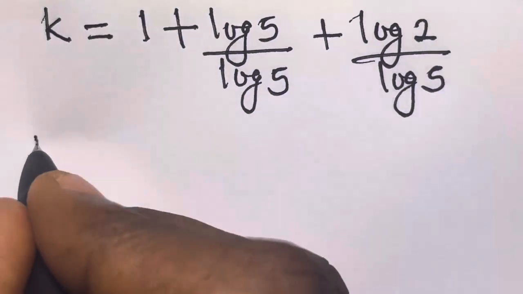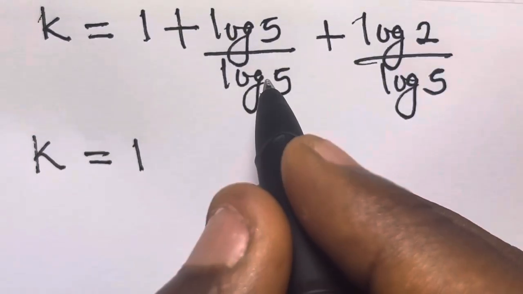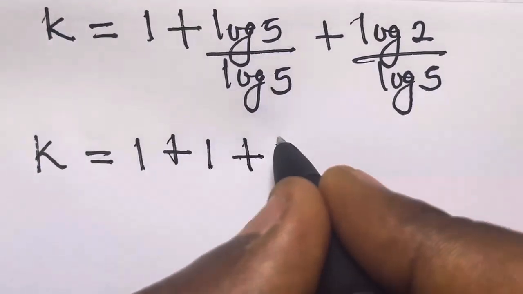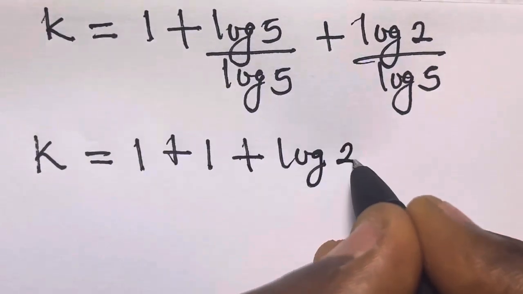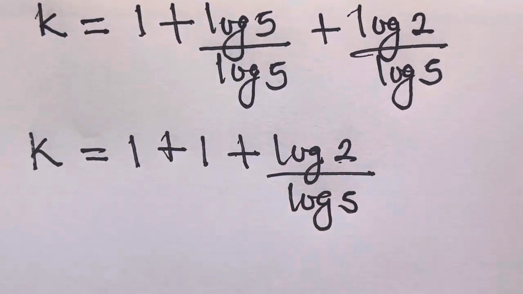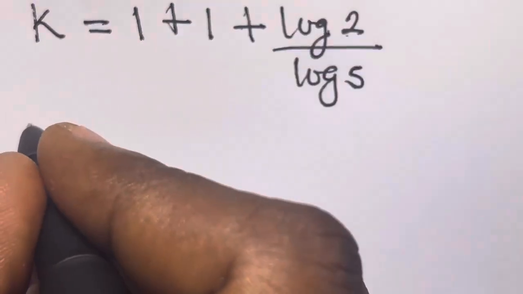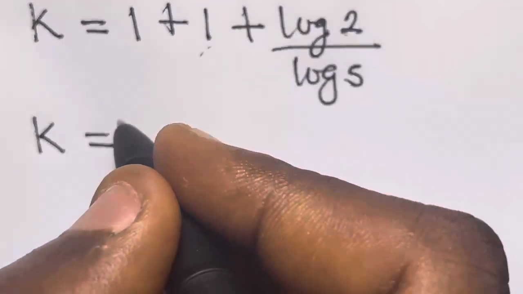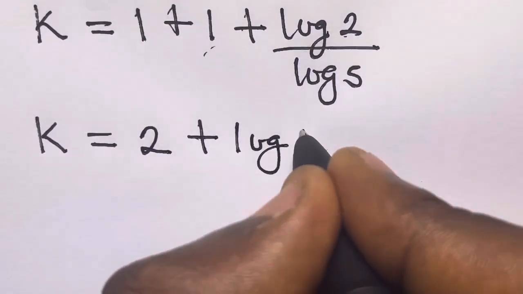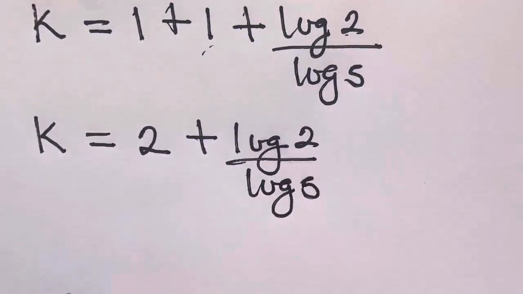So we have k equals 1, again we have plus 1 here plus log 2 divided by log 5. Right? So here we have k equals 1 plus 1, we have 2 plus log 2 divided by log 5.